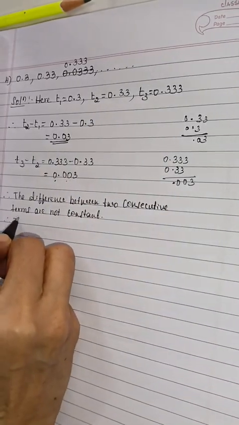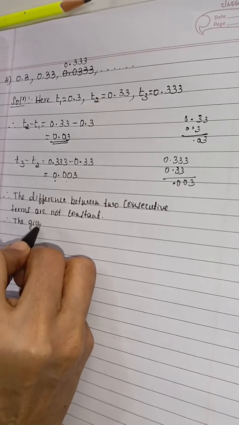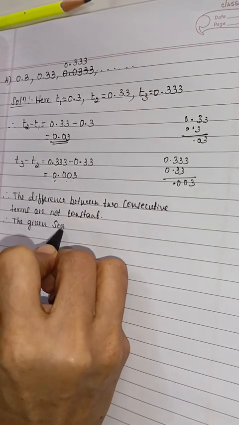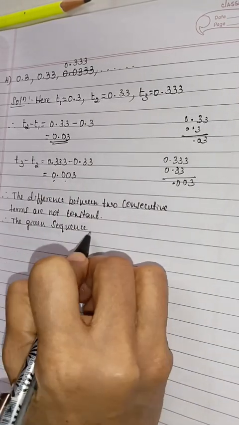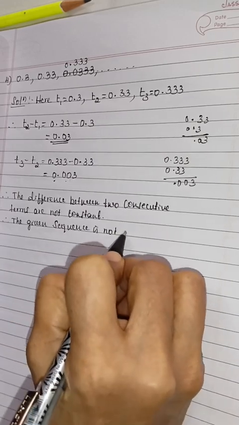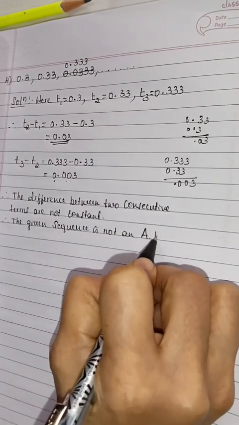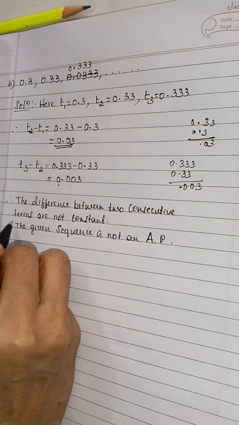Therefore the given sequence is not an arithmetic progression.